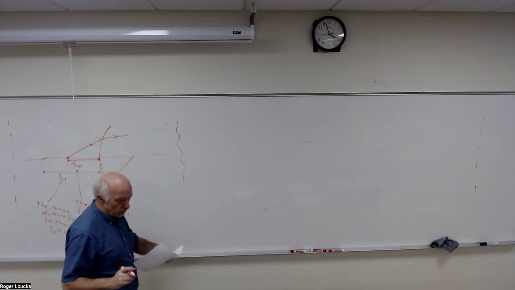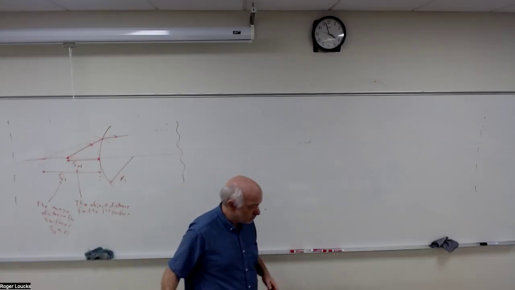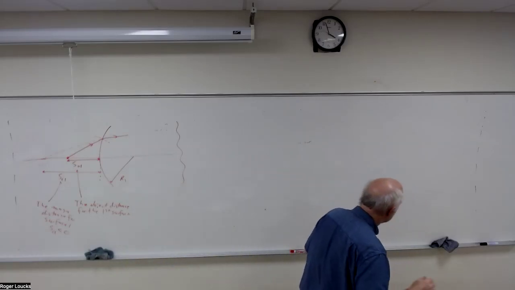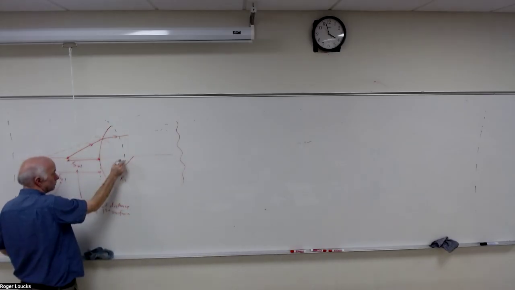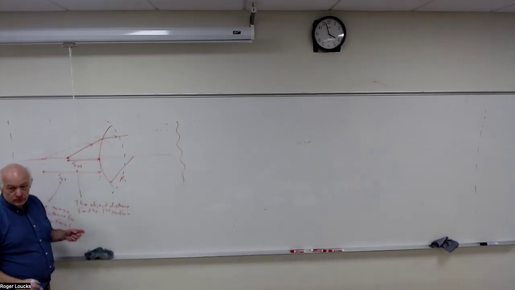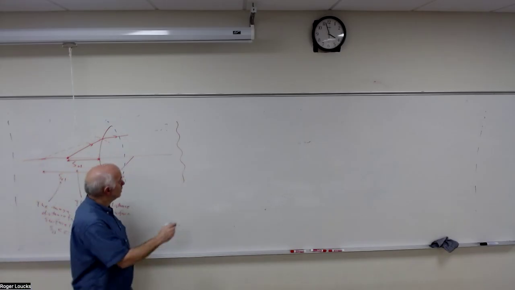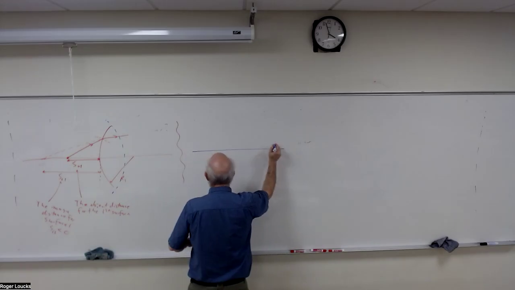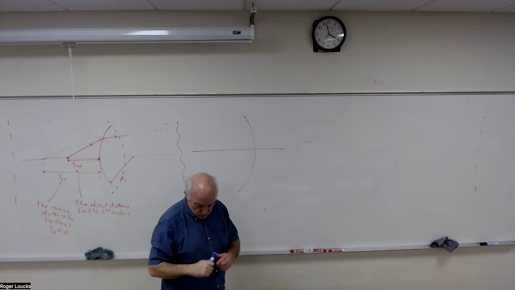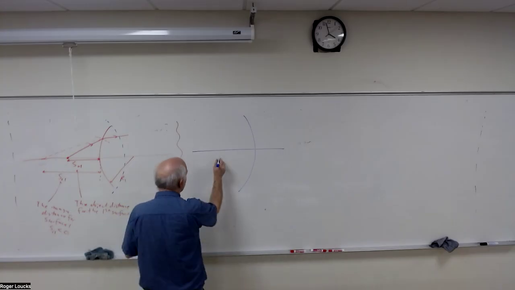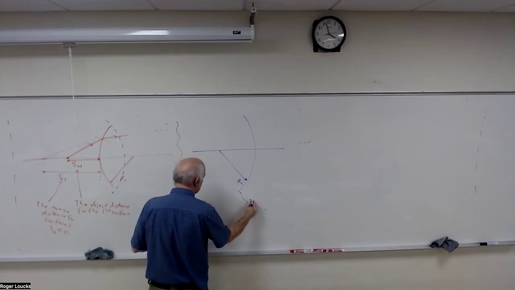another surface over here like this. I'm going to actually draw that separately over here. So I'm going to draw this surface, and this is going to have a radius R2. This is our second surface.